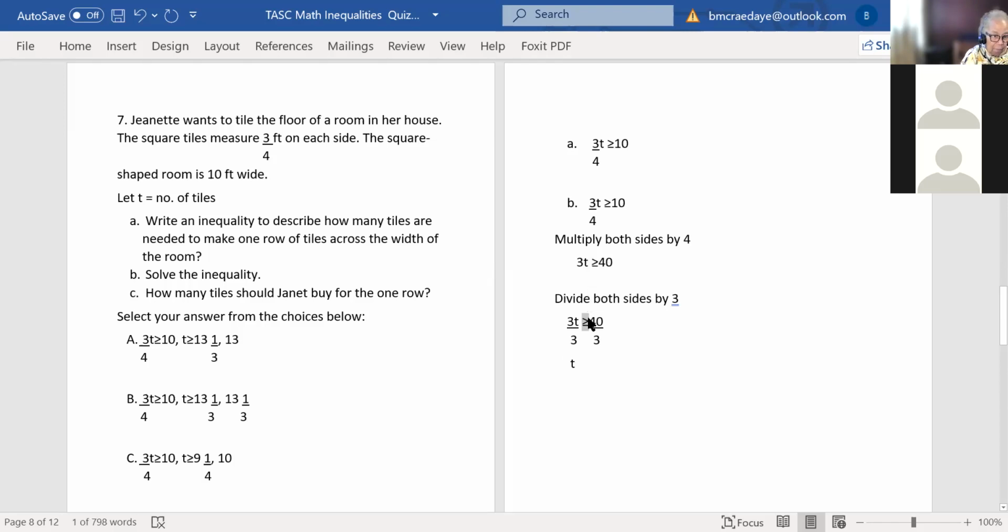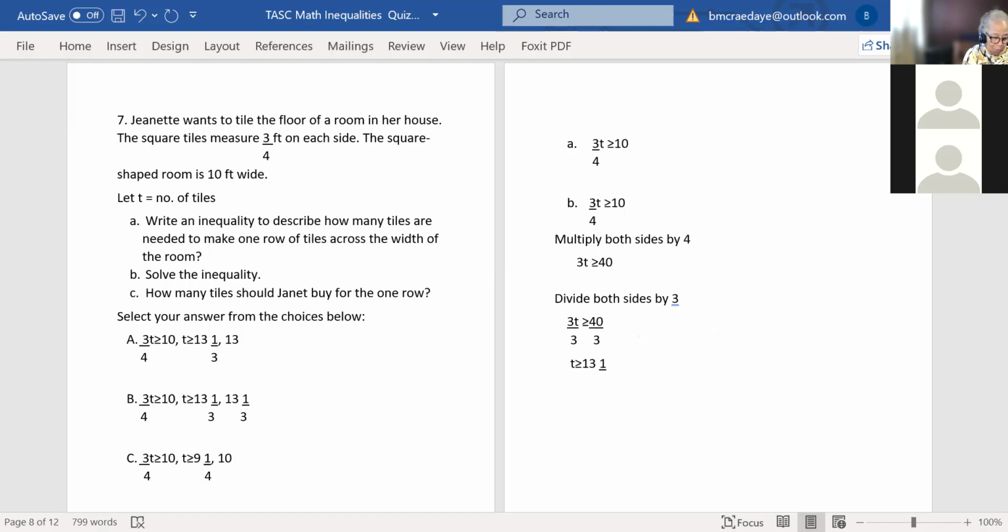So 40 divided by 3. Therefore we get 13 and 1/3. That's a mixed number, 13 and 1/3. So that was our B.